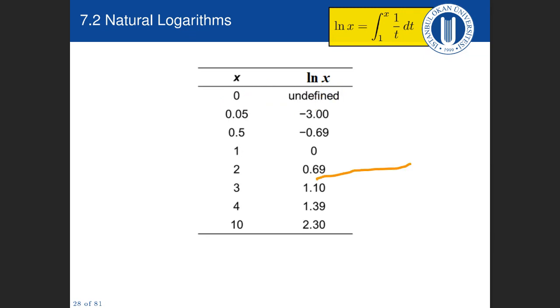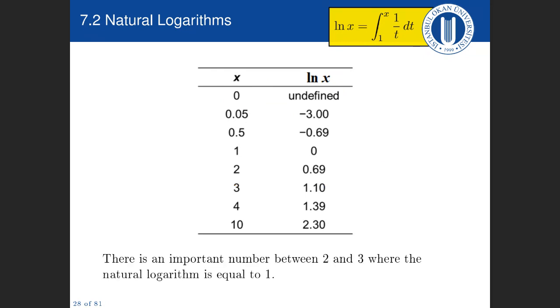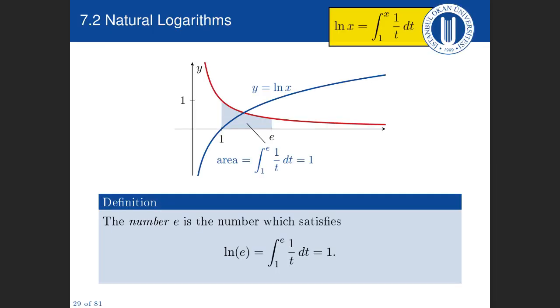Now, you'll notice that if we want ln of x to equal 1, then that number is going to be somewhere between 2 and 3. And this is an important number. There's an important number between 2 and 3 where the natural logarithm is equal to 1. And this important number is called the number e.